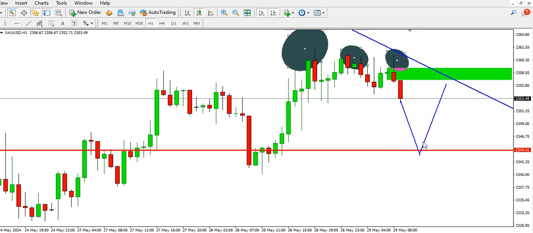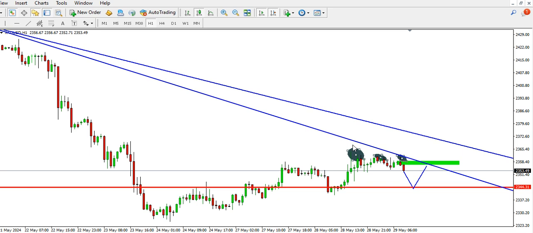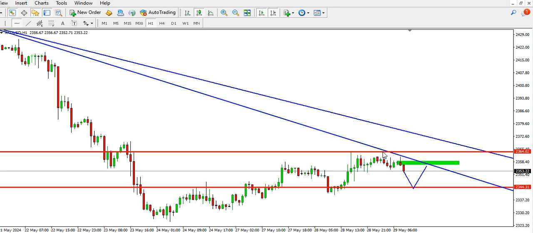A break above and a break of the structure around here, you might see price going up. There is a structural level at 2364. You break above that level, you might see price going further up.